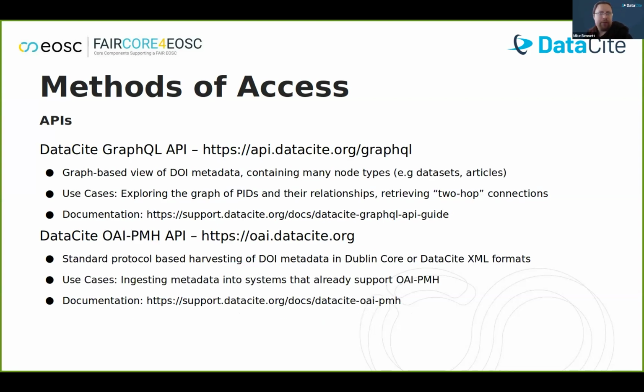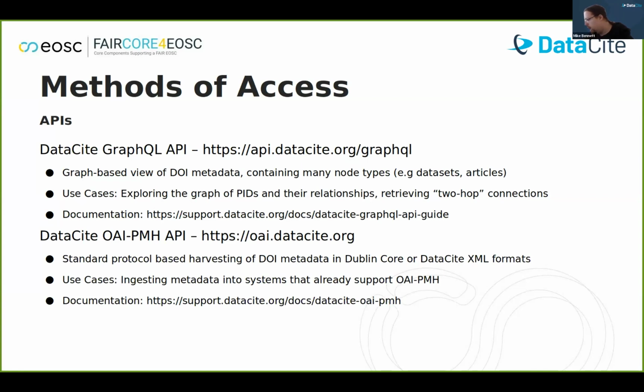We have the GraphQL API. So this is more towards the work for this session. This is the graph-based view of DOI metadata and other nodes, and it contains some enhancements to the data in the form of predefined node types.